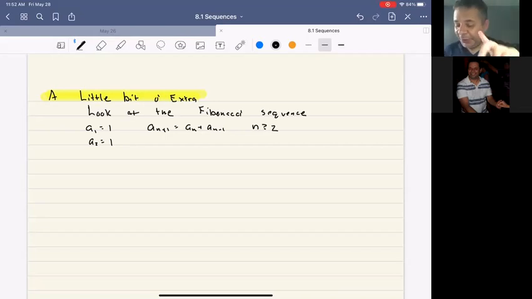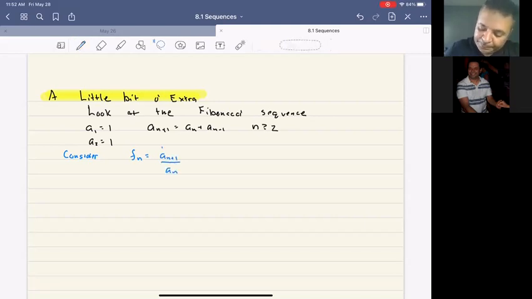But let's consider f sub n equals a sub n plus 1 over a sub n. Now this sequence is going to have what we call a fixed point.